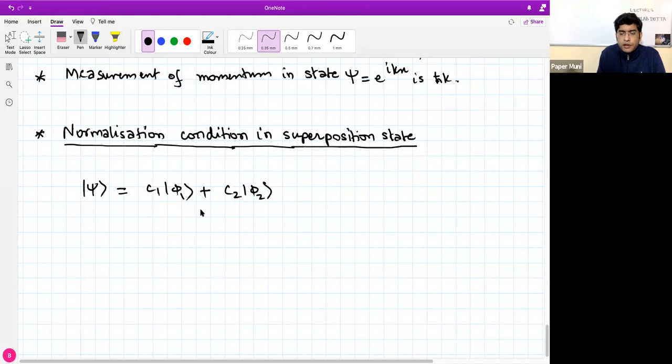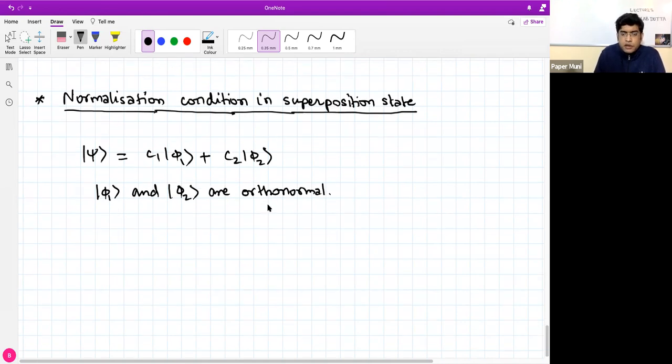And here we can write this state in terms of phi 1 and phi 2 only because phi 1 and phi 2 are orthonormal. Then only we can write this wave function.